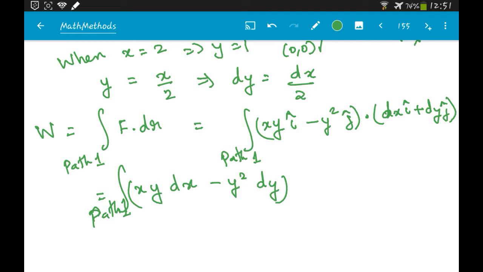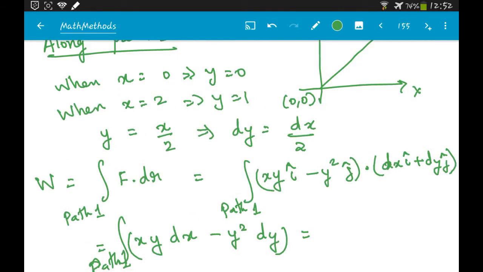Now let's substitute for y, because we want to convert all of this into one variable. Here there are two variables, but we have the equation of the line, so we can convert to one variable. So y is x by 2, and x goes from 0 to 2.